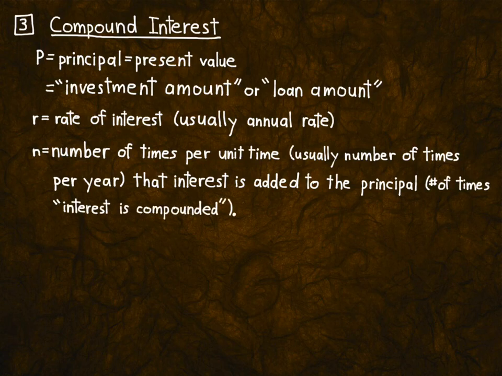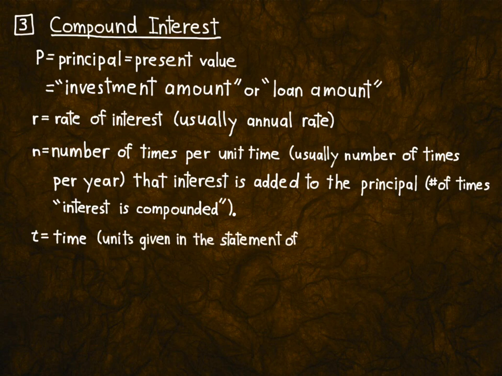So every time we add interest into the principal, we call that a compounding. That's why this is called compound interest. We compound the interest. We add the interest into the principal. If you don't do that, then it's not compound interest. It's usually simple interest in that case.